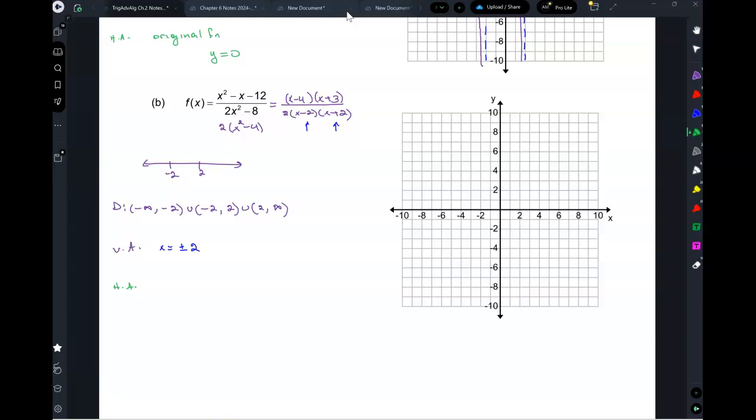Okay, does it have a horizontal asymptote? You compare the degrees, they're the same. That means I'm going to take the coefficients. 1x squared over 2x squared, y equals a half. Okay, let's put these things here. And then negative 2 and 2.